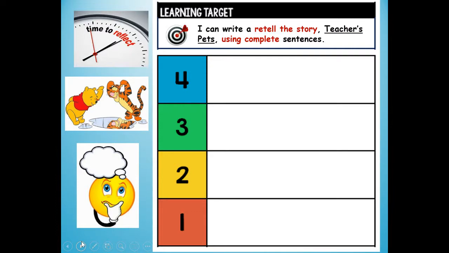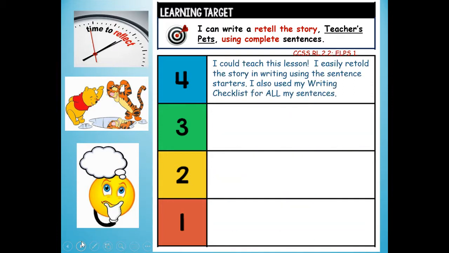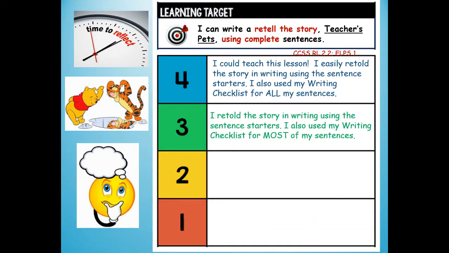All right, what was our learning target? I can write a retell of the story, Teacher's Pets, using complete sentences. What would you give yourself as a reflection grade? Would you say 4, I could teach this lesson. I easily retold the story in writing using the sentence starters. I also used my writing checklist for all of my sentences. Would you give yourself a 4 or 3? I retold the story in writing using the sentence starters.